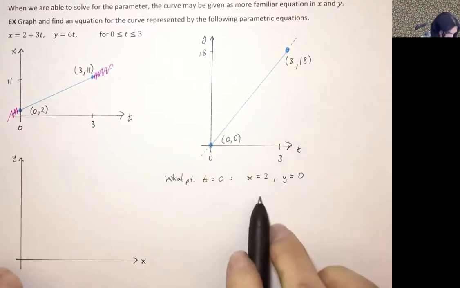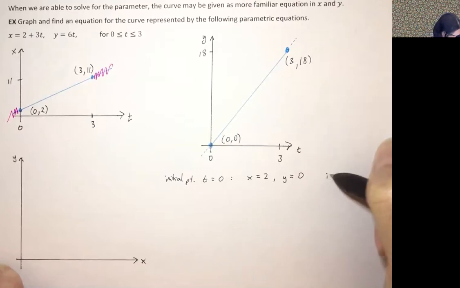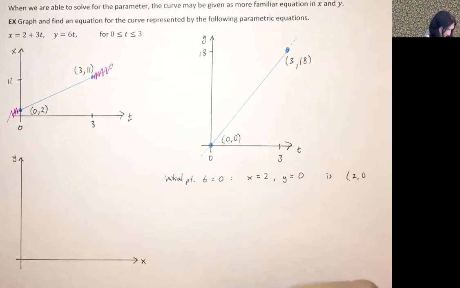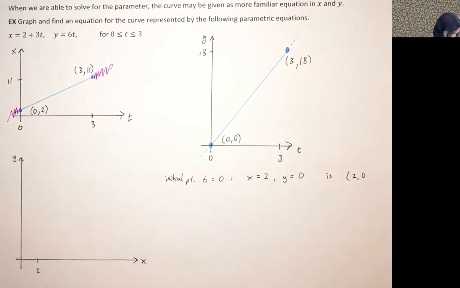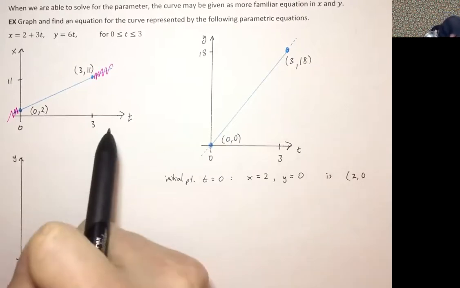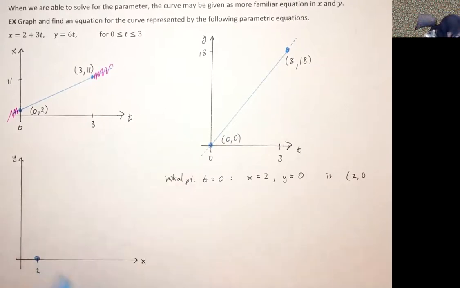So my initial point then is 2, 0 on this graph. Okay, so let's go ahead and maybe put an x coordinate of 2 there, and we're plotting it at y equals 0. So we've got that point right there. Okay, that's my initial point.